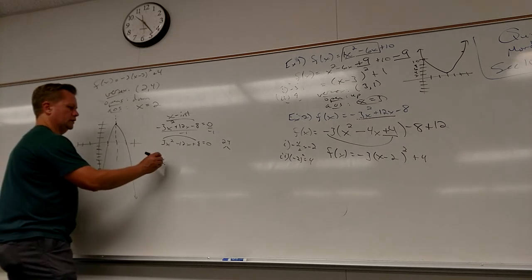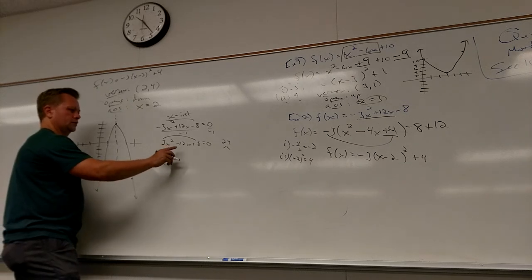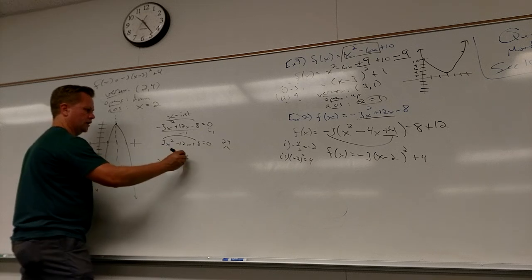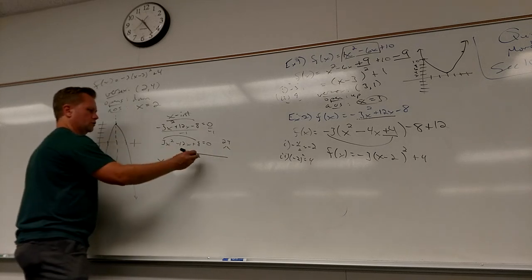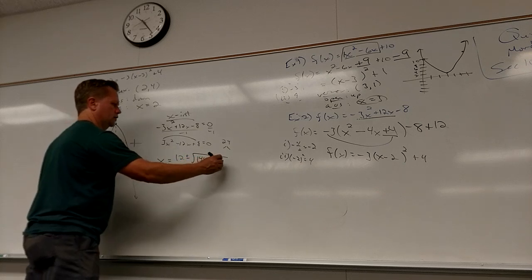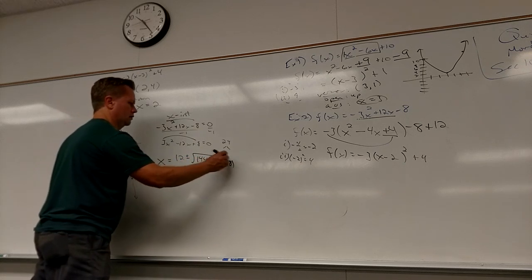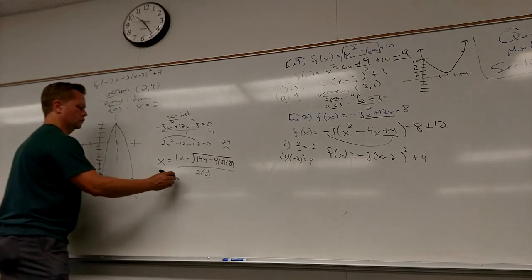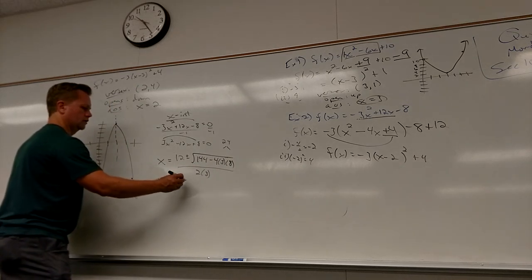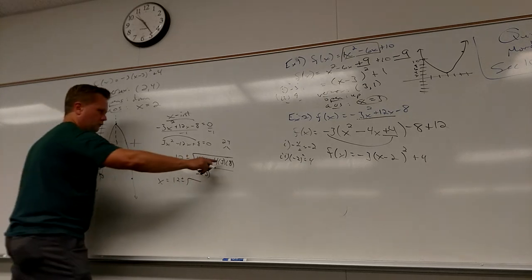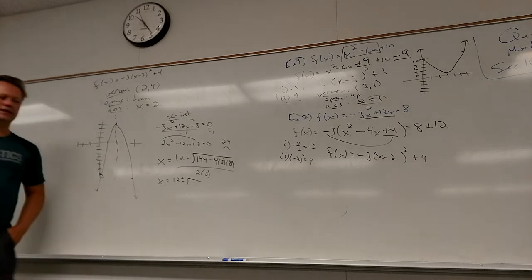So what would it be? X equals negative b, which is 12, plus or minus the square root of 12 squared, 144, minus 4 times a times c, all over twice a. 12, give or take, the square root of 144 minus 96.